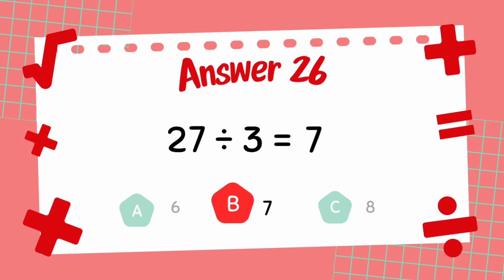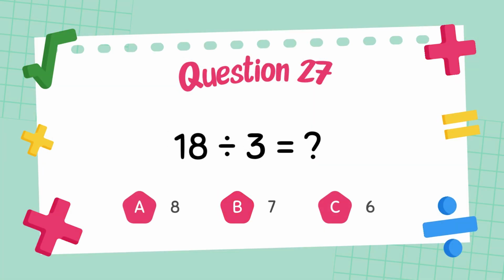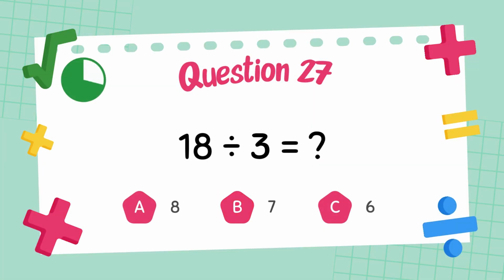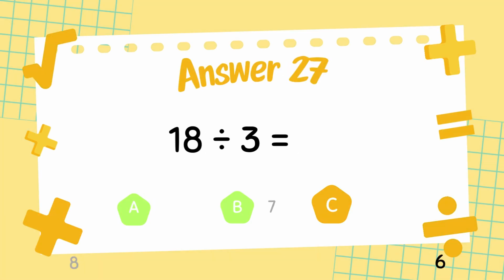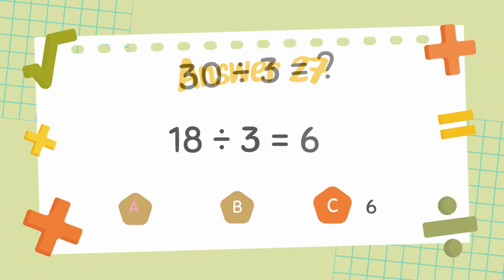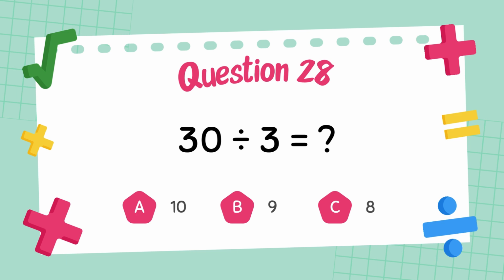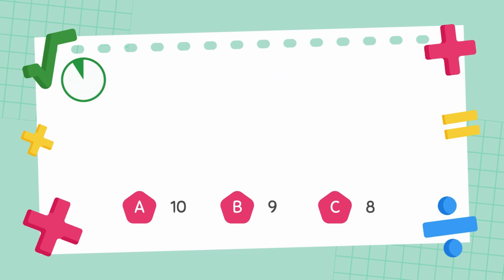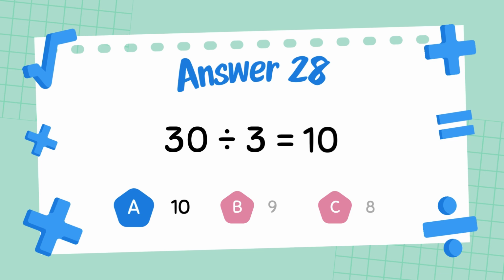The answer is 7. What is 18 divided by 3? The answer is 6. What is 30 divided by 3? The answer is 10.